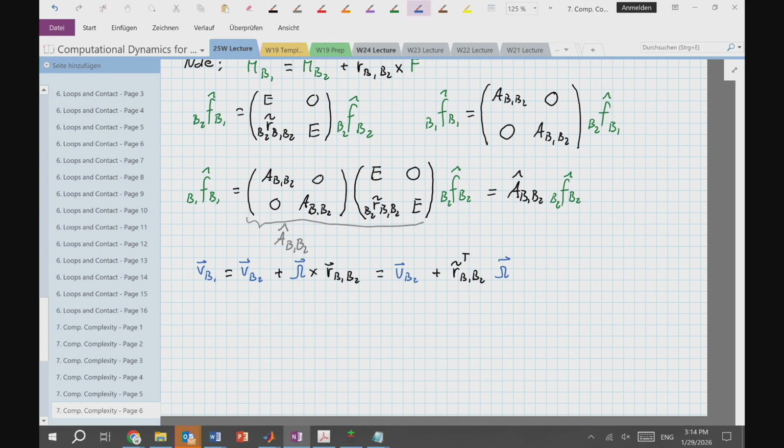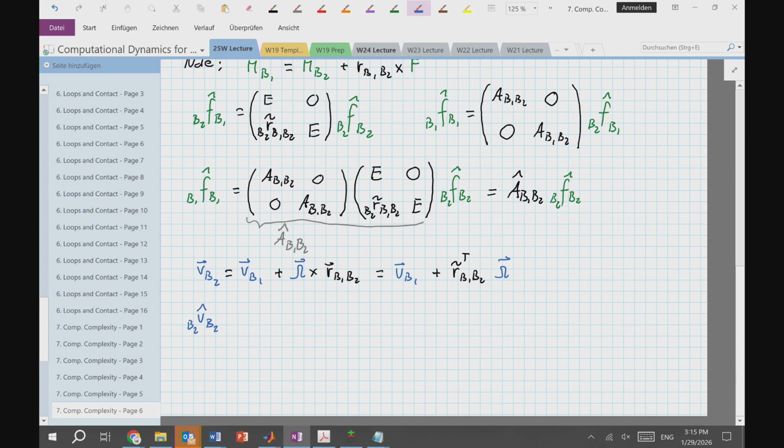And now I can go ahead and say, okay, in spatial representation, the velocity of, I have my indices wrong, sorry. I flipped them up here. Please don't be mad. This should be B1, B2, and this should be B1. Otherwise, this is wrong. I could have flipped them here as well, but I want to continue with B2.